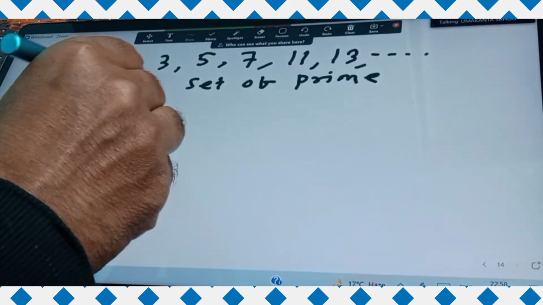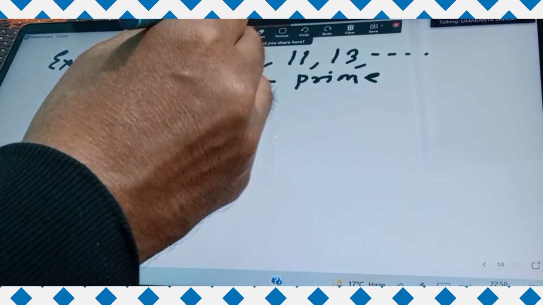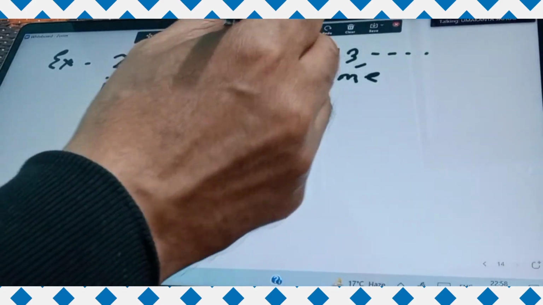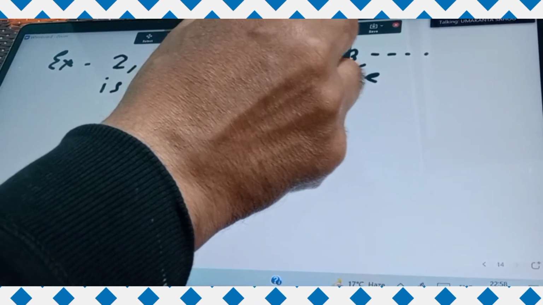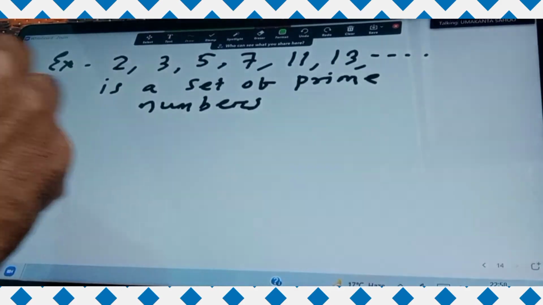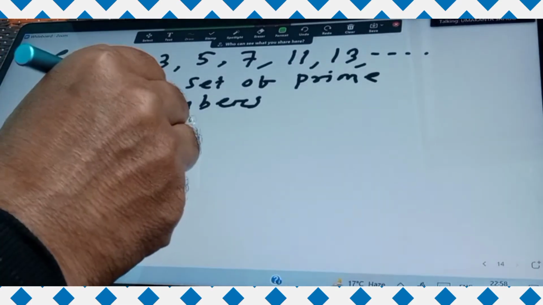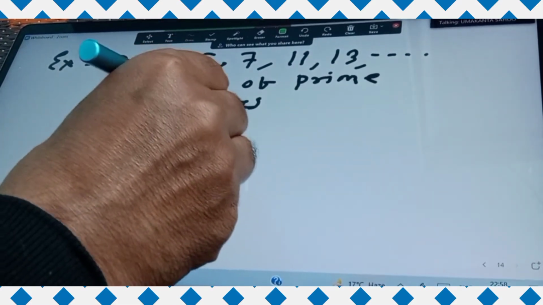It is a sequence, but every term cannot be expressed by a general formula, an explicit formula. So it is not a progression. It's a sequence, but it's not a progression.